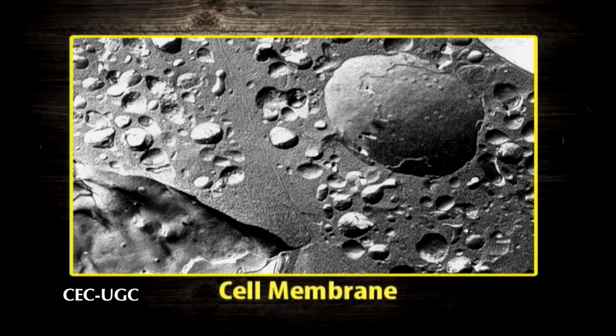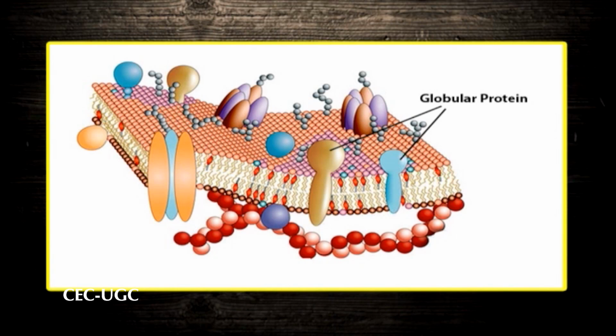Electron microscope studies of fractured and intact plasma membrane surfaces of plant, animal and bacterial origin reveal that the membranes contain an array of globular proteins of different sizes and dimensions, spanning the entire cross section or a part of the membrane.